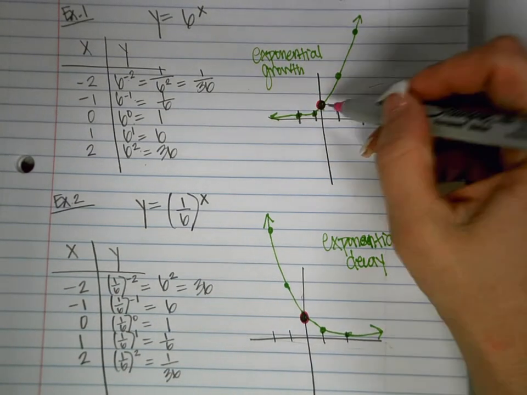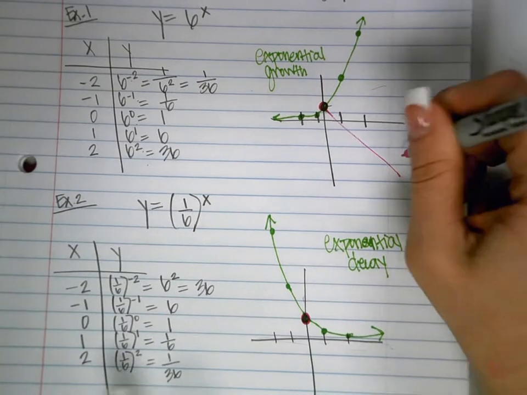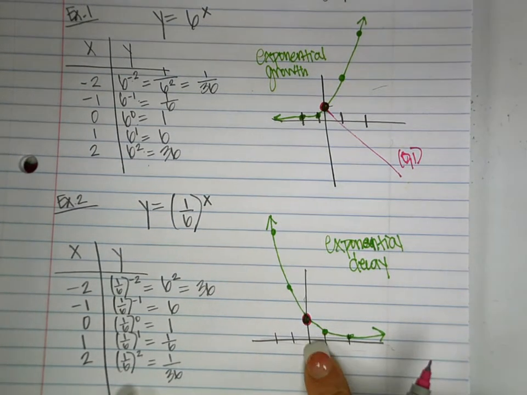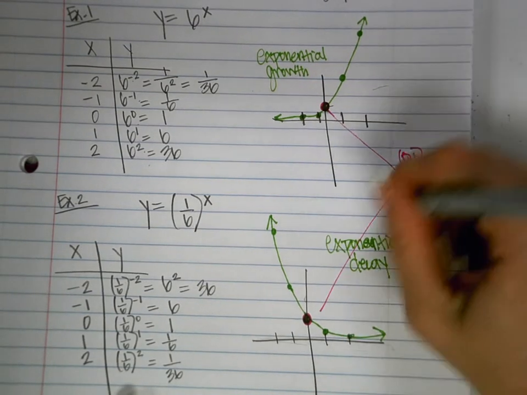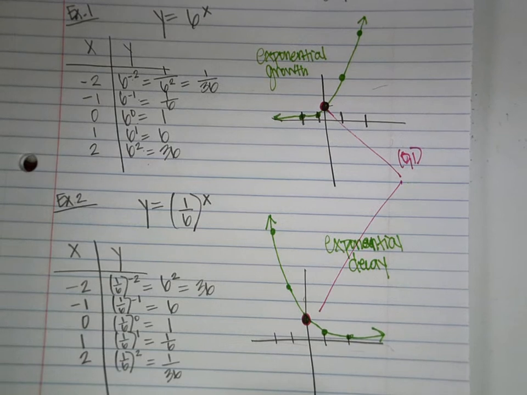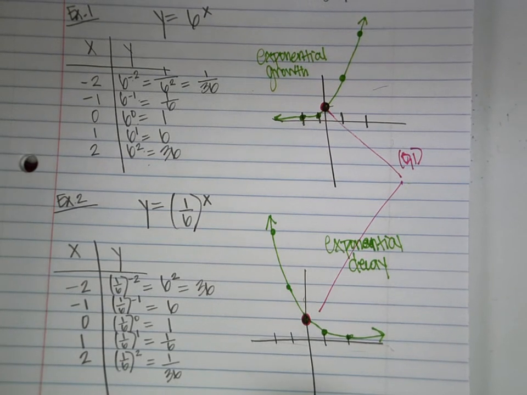What point is this right here? 0, 1. And right here? 0, 1. 0, 1 will be on every single exponential graph, and the reason is whenever you have an exponent of 0, it equals 1. So it doesn't matter what you plug in, it's always going to equal 1.